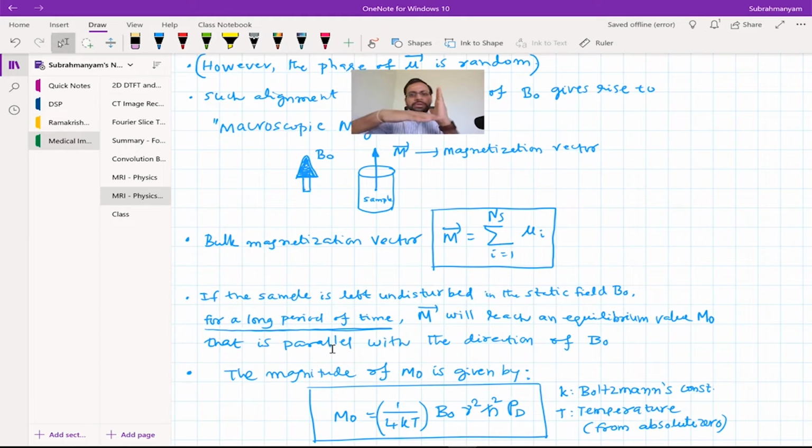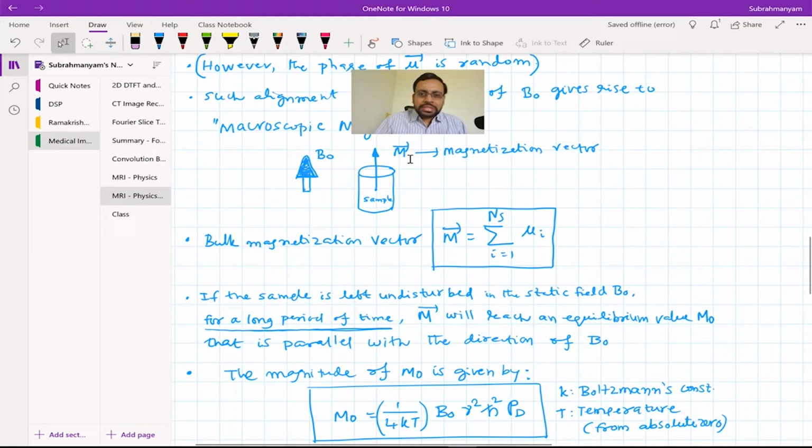You kept the sample and applied a magnetic field there. Earlier, the overall magnetic field, if you call it M bar, is 0. Now if you wait for a sufficiently long time, this M bar will be in the direction of B naught, the applied magnetic field.